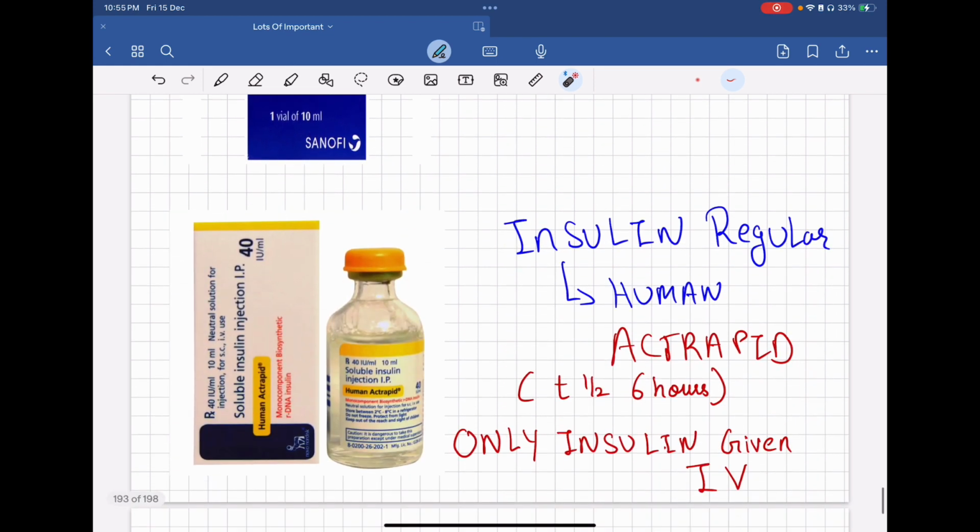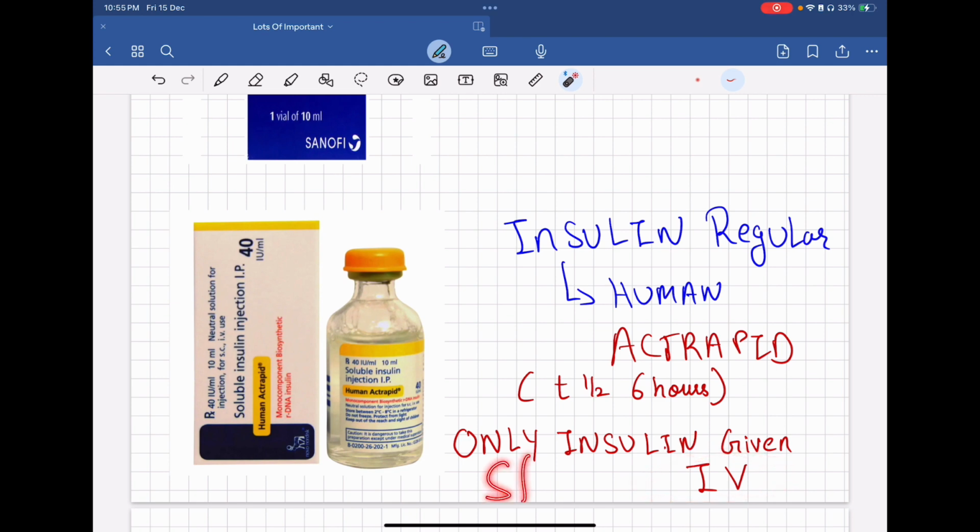Moving forward to another bolus insulin, but it is short acting, and its half-life is not more than the rapid acting ones, it is 6 hours. It stays longer in the body than the rapid acting one. And mind well, this is the only insulin which we give IV.